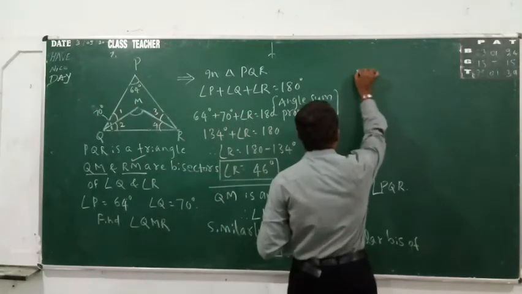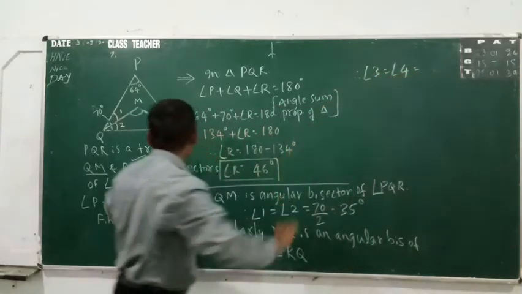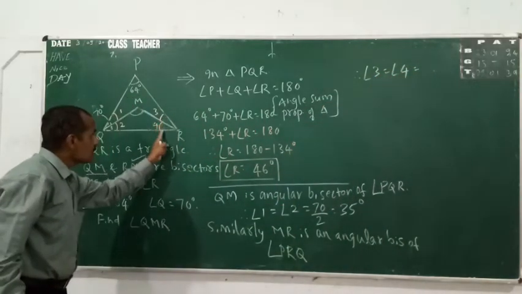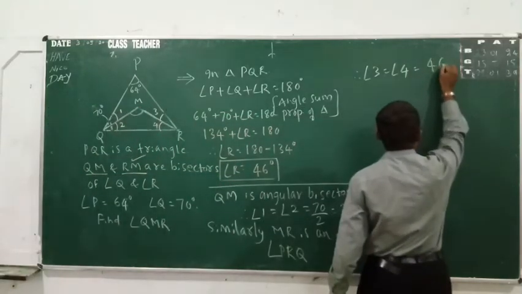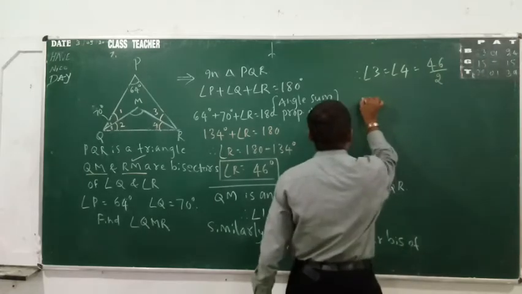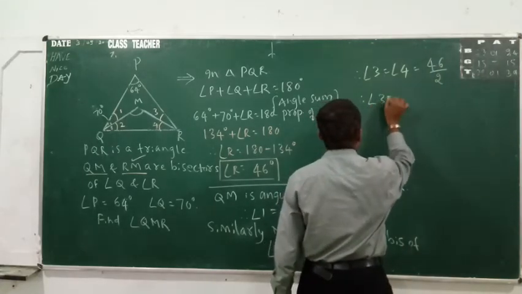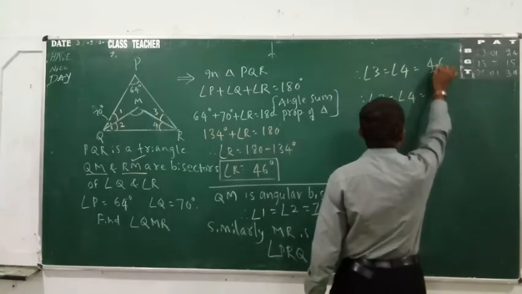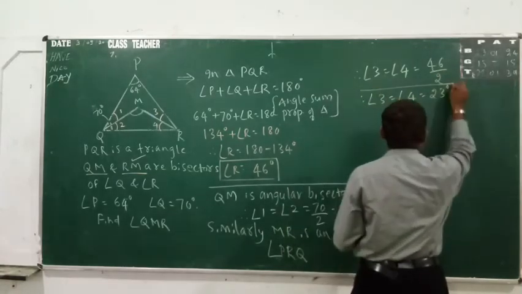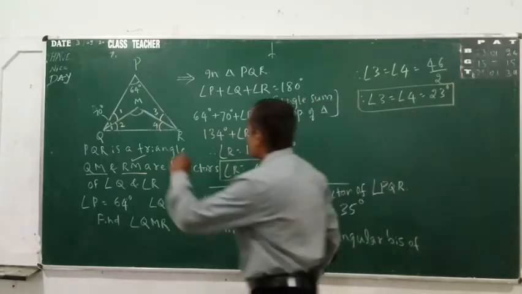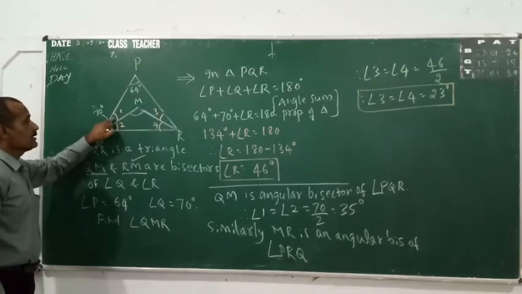Therefore, angle 3 is equal to angle 4, which is equal to, what is the complete angle R? Angle R is 46, so 46 divided by 2. Therefore, angle 3 is equal to angle 4, equal to 23 degrees. So this angle is 23, this angle is 23, this is 35, this is 35.